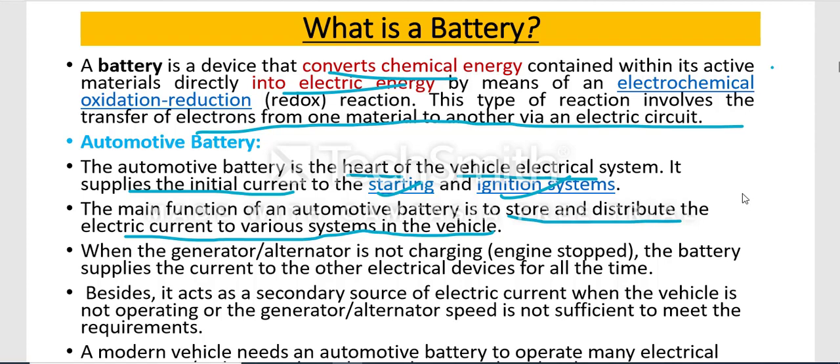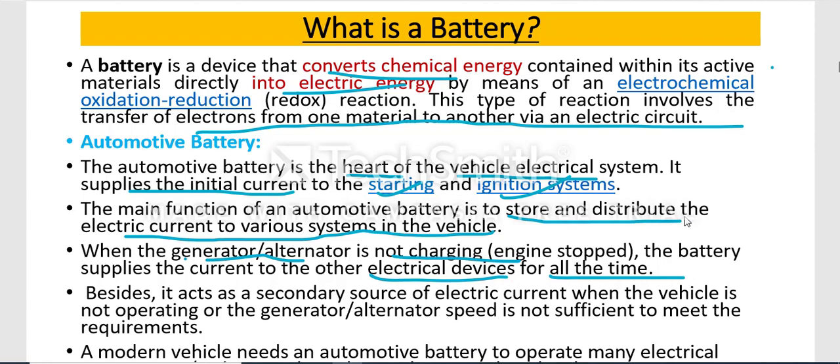To run those accessories or to run these systems we require a current, and this current is supplied by the automotive battery. Or when the generator or alternator is not charging, means when engine is stopped, the battery supplies the current to other electric devices all the time.